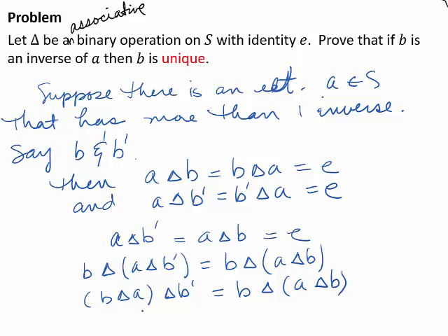But now B delta A is E, so that's E delta B prime is equal to B delta, and again, A delta B is E. And we get, therefore, this implies that B prime is equal to B.